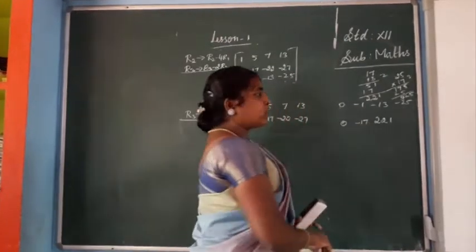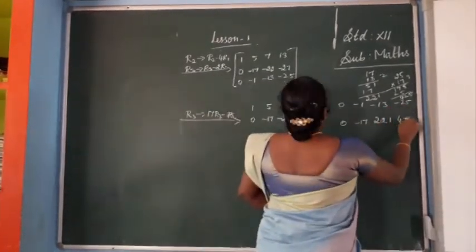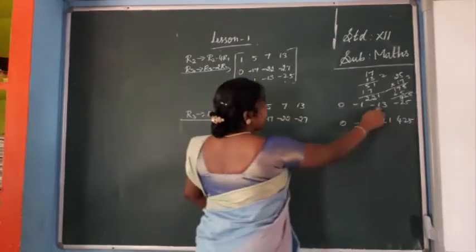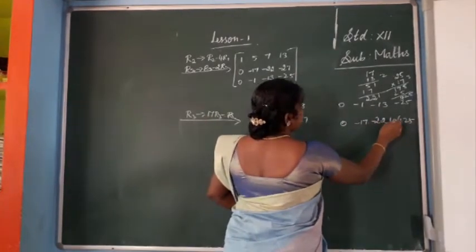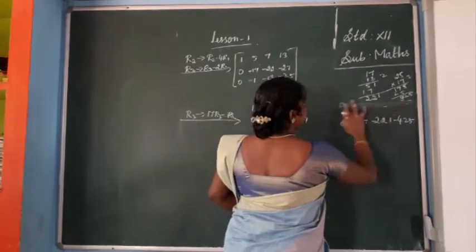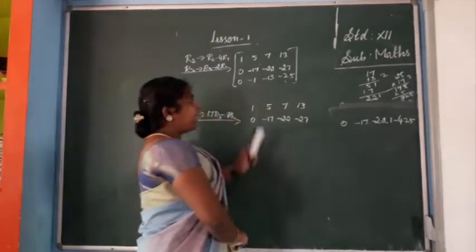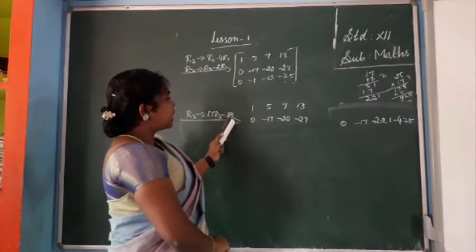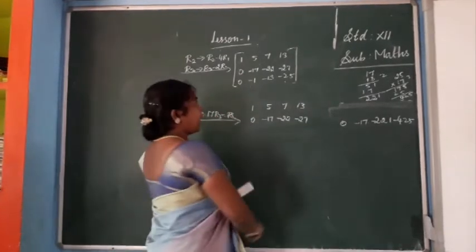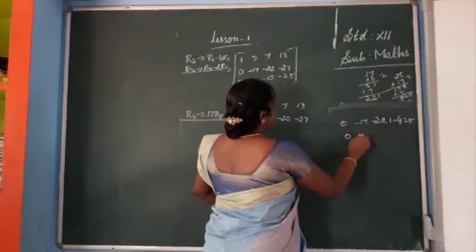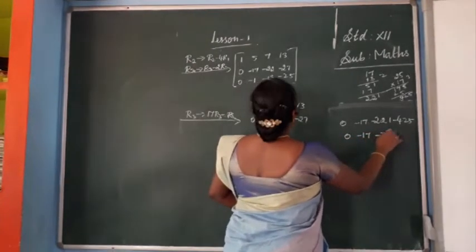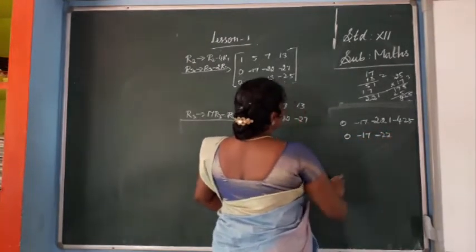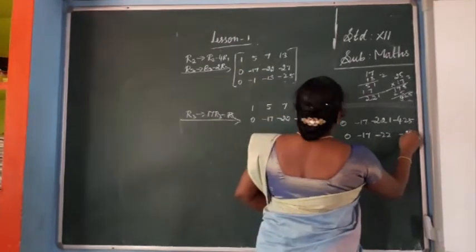Okay, 425, and minus is there, so minus. Now we multiply R3 by 17. Now how to write R2 in between: R2 is 0, minus 17, minus 22, minus 27.